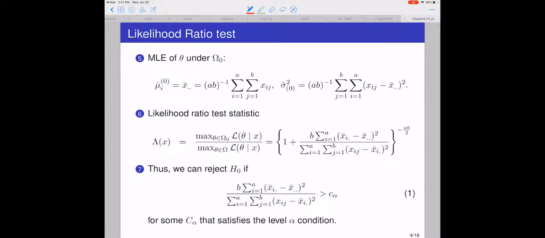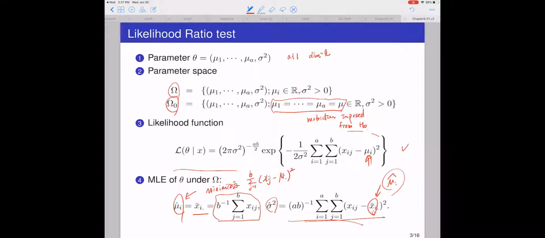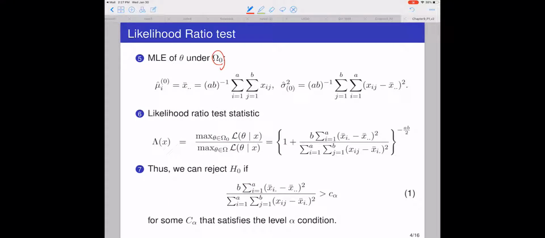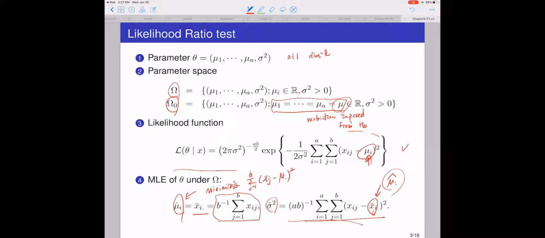All right, and we can do the same thing under the null hypothesis. Under the null hypothesis, we have a restriction. So the parameter restriction is this one, and we have only one mean parameter instead of A different parameters. So now we have the restriction that the mu i's are all equal.